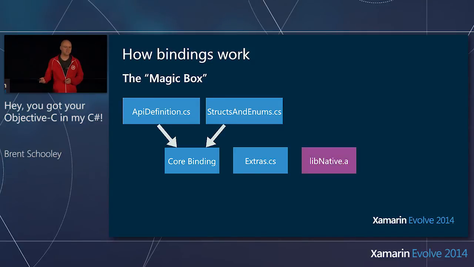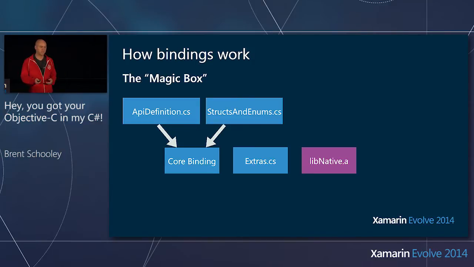And then the last piece that we have that goes into the binding is the native library. So a compiled static library, preferably a fat binary. That's something you can look up how to do in Xcode, but you want to build this static library for all of the platforms that you're going to support.